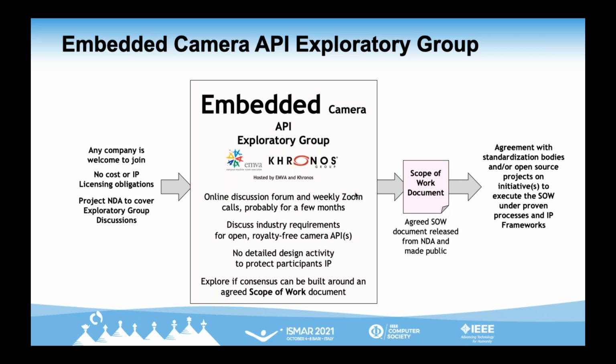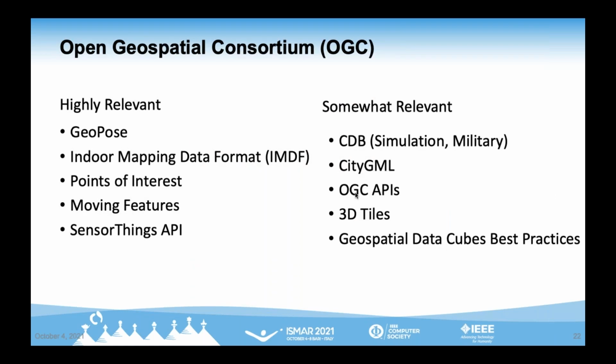Over the course of 6 months, there's been a fantastic amount of collaboration and contribution during the exploratory group phase, and they are now at the point of developing the scope of work documents, and that's going to bear fruit in the very near future. And then work would presumably begin in the best place possible. So those were all of the updates I can give you about activities in the Khronos Group.